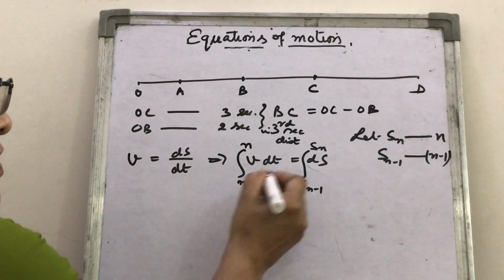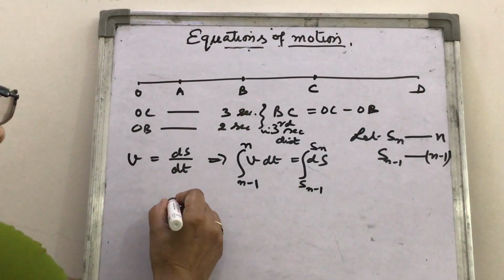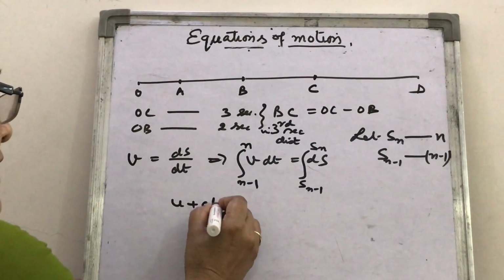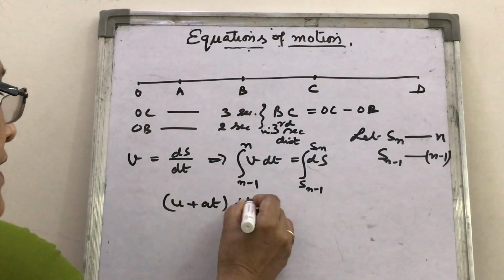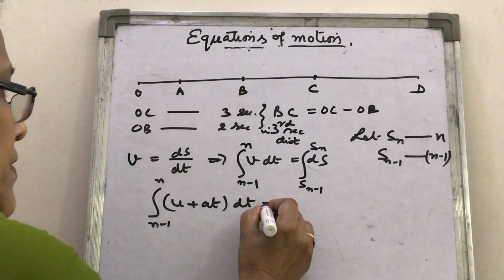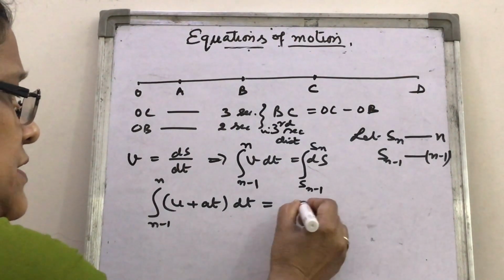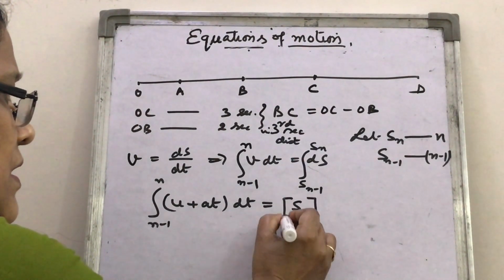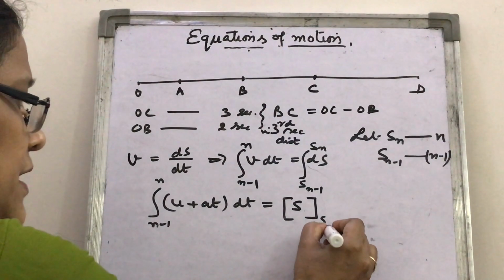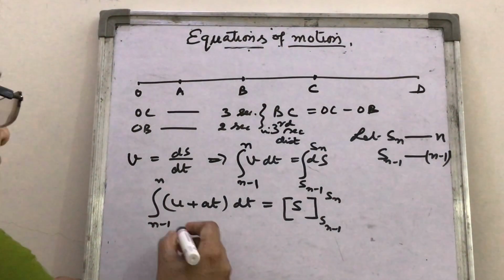You look here, v equals u plus at. So what will you write here? Integration of (u plus at) dt from n minus 1 to n equals the integration of ds, with limits Sn minus 1 to Sn. What will you do here?